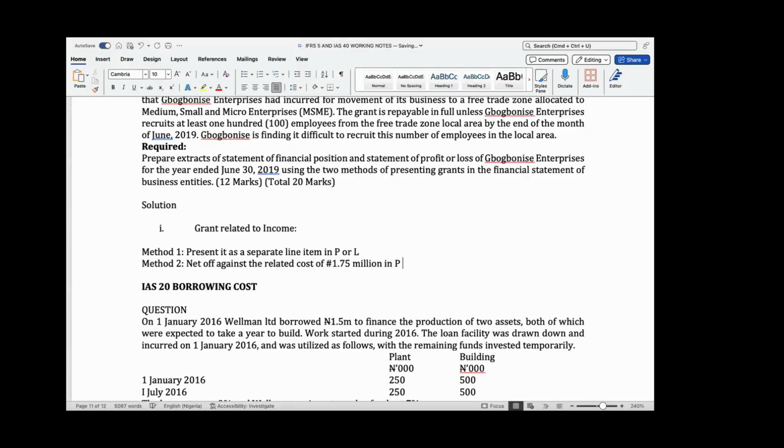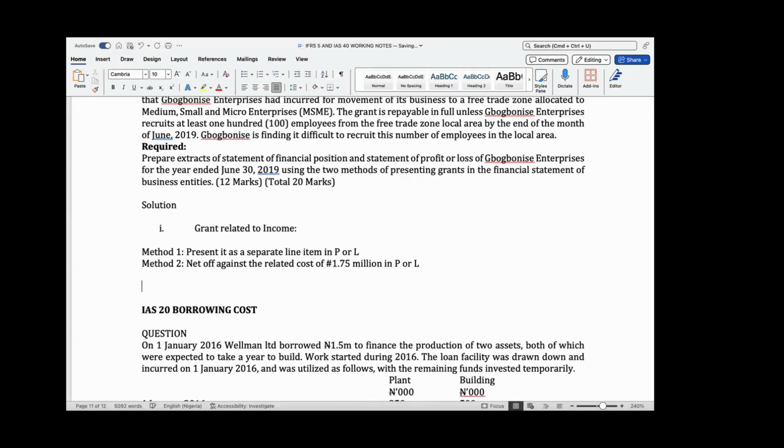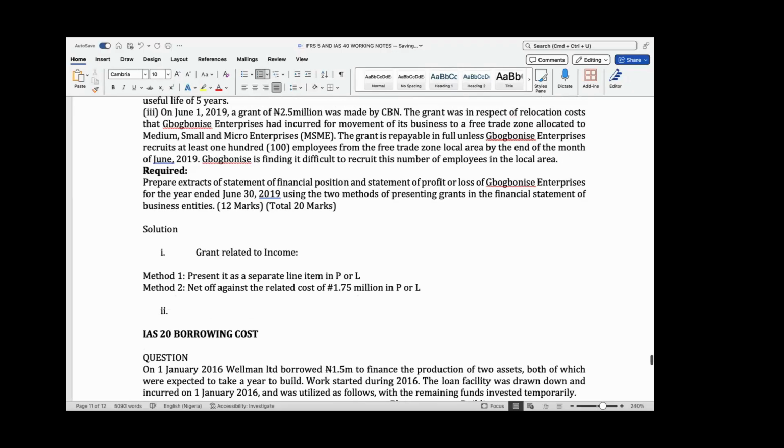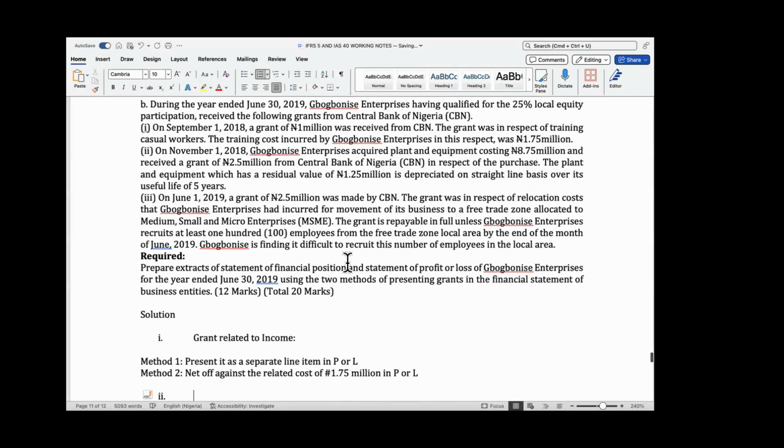This one does not require any workings. We will show it in our statement when we are preparing our statement like that. So the first one is the grant received for training.